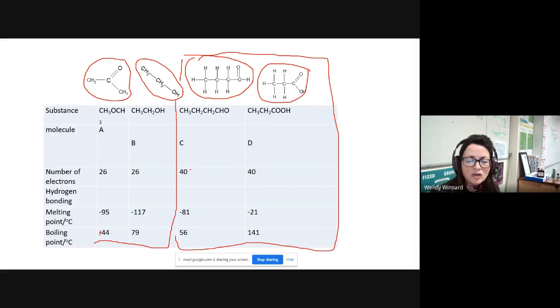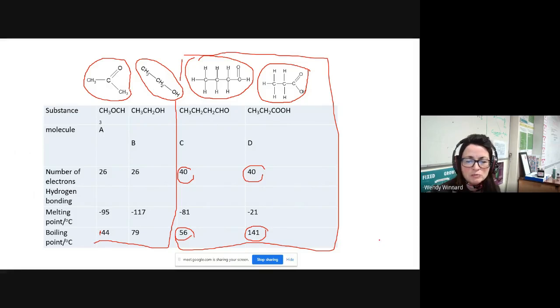They have got identical numbers of electrons, and almost identical molecular masses. And yet this one boils at 56, and this one here, propanoic acid, boils at 141.